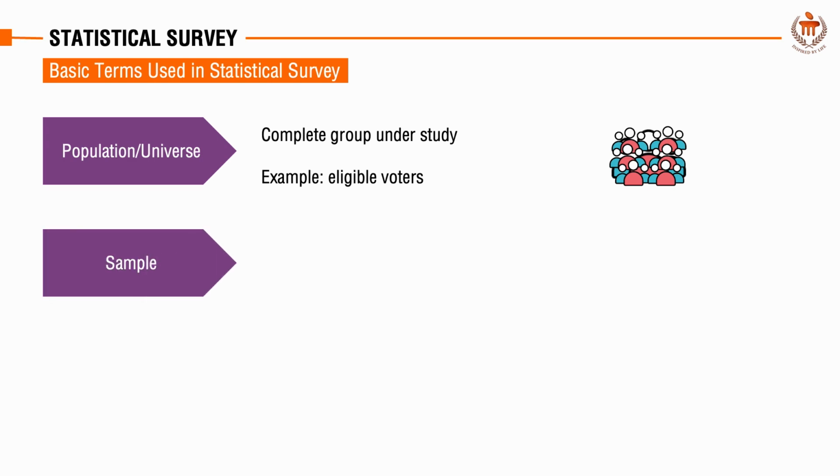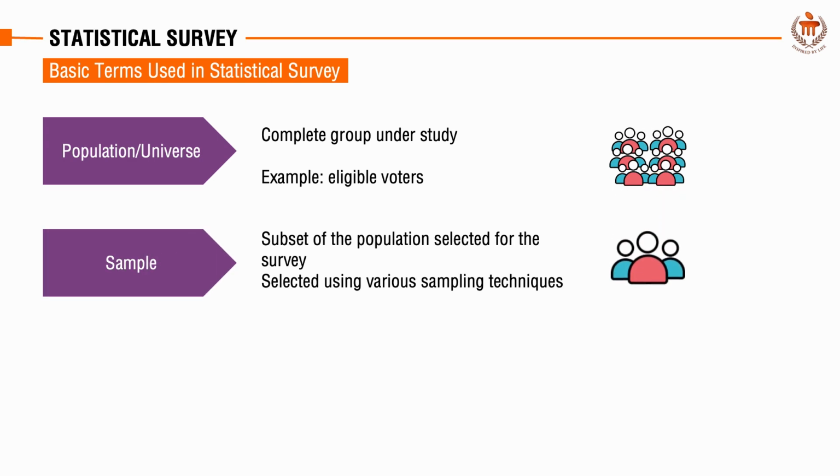A sample, on the other hand, is a small subset of the population that is selected to participate in the survey. Since it is often impractical or impossible to survey the entire population, a sample is chosen to represent the population. The sample is selected using various sampling techniques, ensuring it is representative and unbiased.